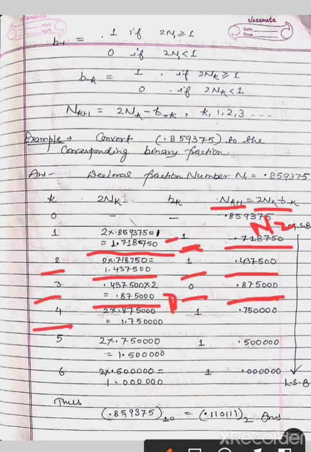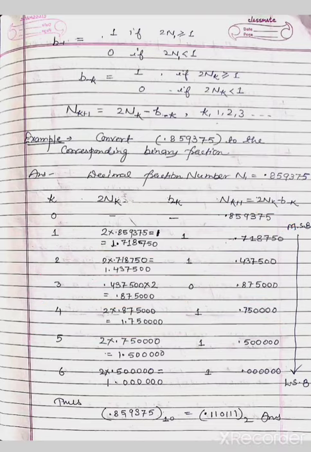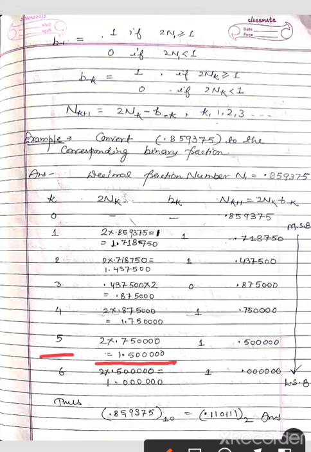For k equals 4, 2n4 is also greater than 1, so b minus 4 equals 1, and n5 will be 0.750000. Again for k equals 5, 2n5 equals 1.5, and this is also greater than 1, so b minus 5 will be 1, and then n6 can be written using this formula as 0.5.